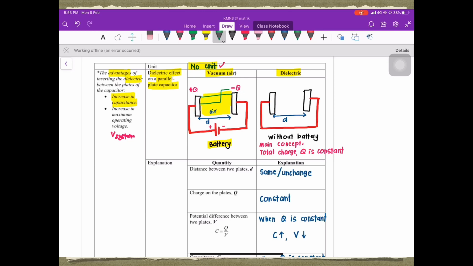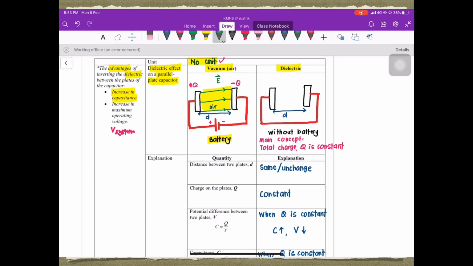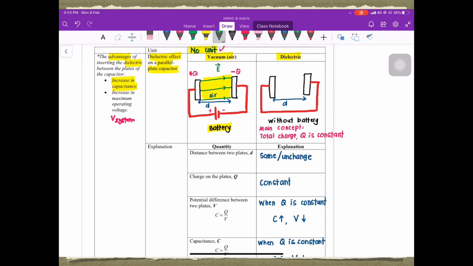a uniform electric field E. Alright. So now, when the battery is disconnected, meaning without battery, what happened?